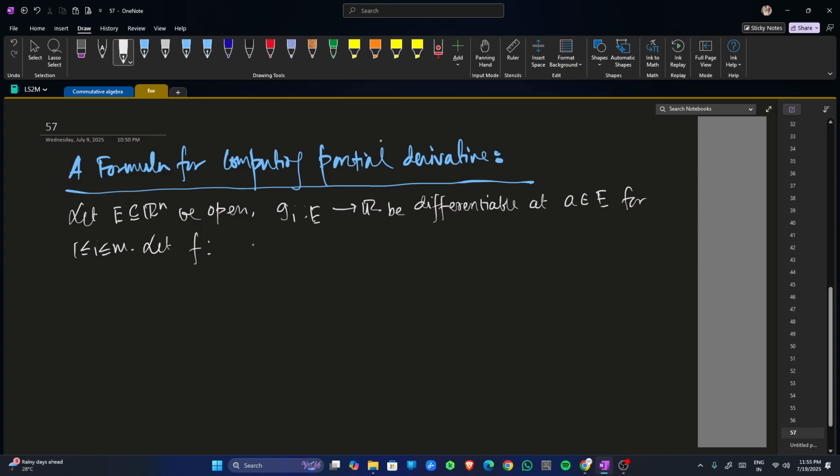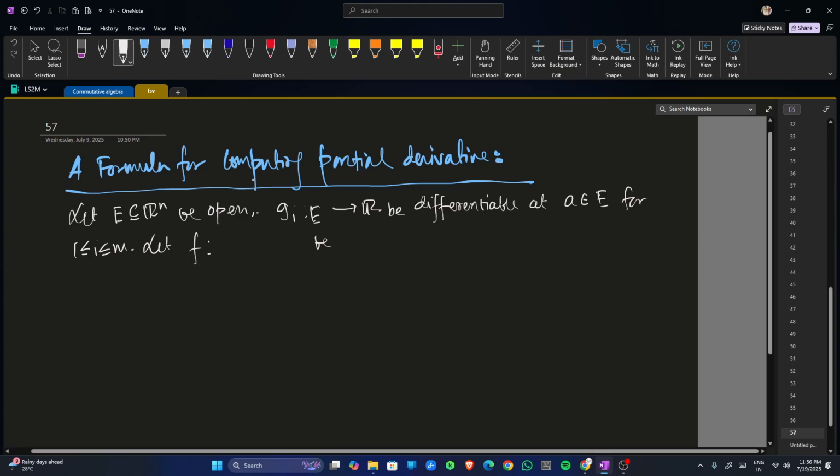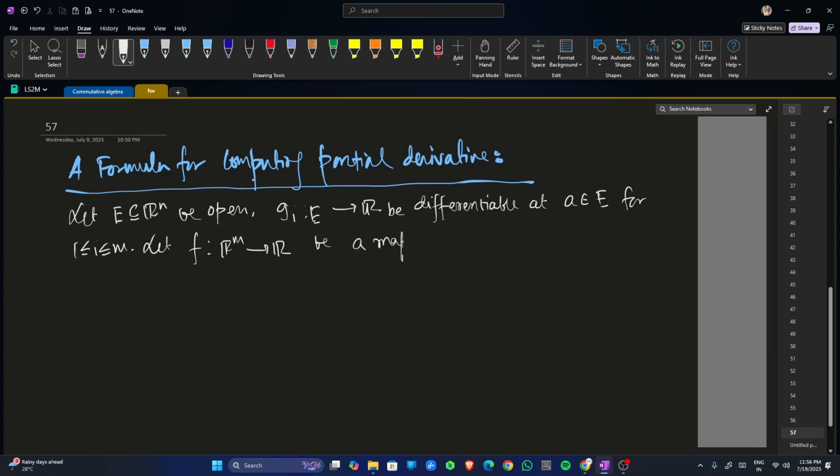Let f be a mapping from Rm to R, which is differentiable at the point g1(a), ..., gm(a).